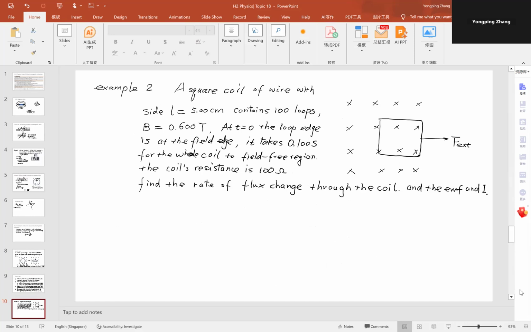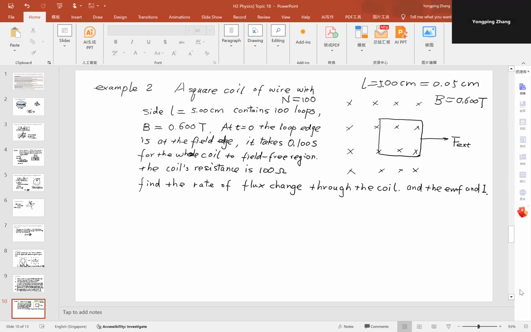Now we see an example. A square coil whose side is 5 centimeters contains 100 loops, so N equals 100, L equals 0.5 centimeters, and B is 0.6 T. At t equals 0, the loop edge is at the same edge of the magnetic field.